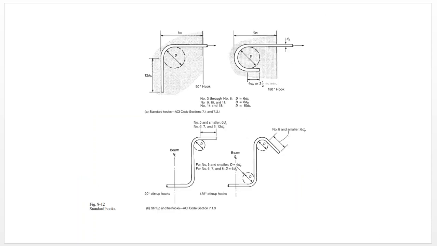There are some requirements for these hooks, like for example, if you use a 90-degree angle, you need to have 12 times the bar diameter extension on the straight part, or if you use a 180, then you need to use 4 times the bar diameter.